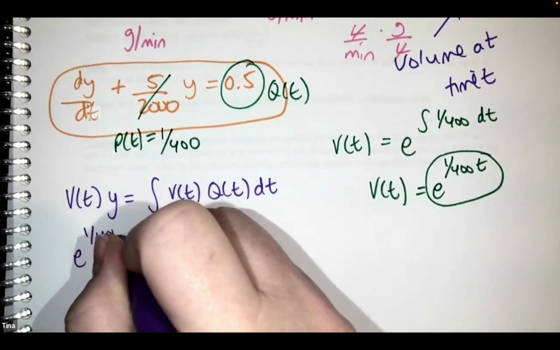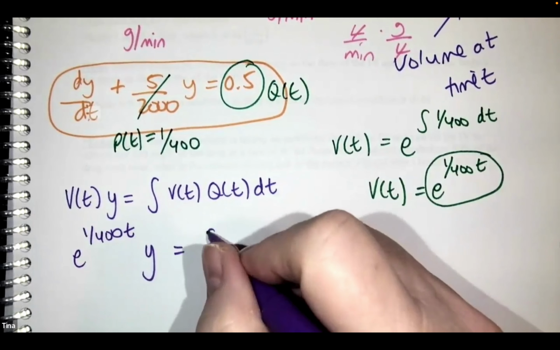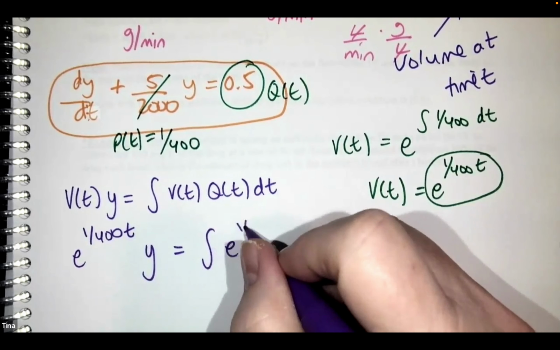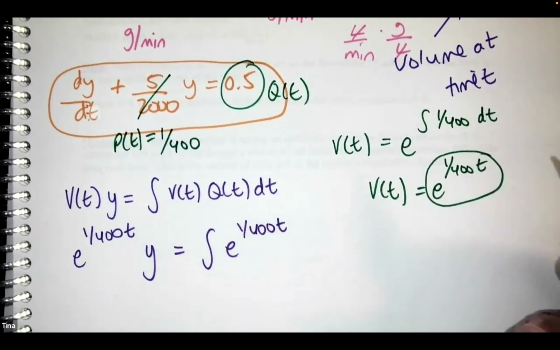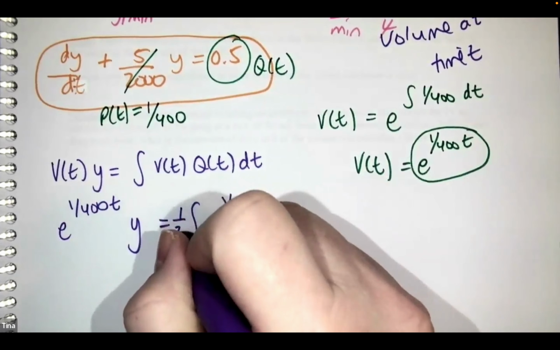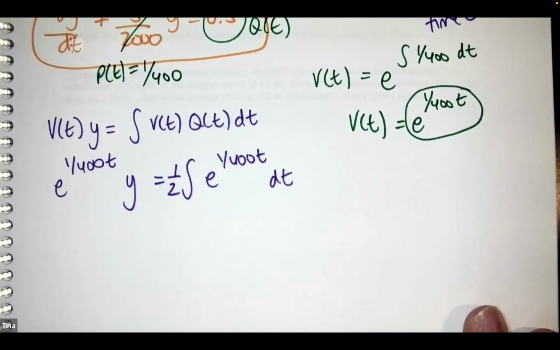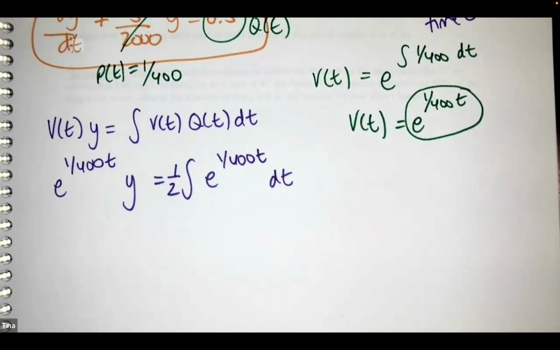So e to the 1 over 400 t y equals the integral of e to the 1 over 400 t, and then q of t is just a half, right? We just want to stick a half out in front. Okay, so what do you get when you integrate this? And go ahead and find your c, right? Remember, your initial condition was at time 0, there was no salt.